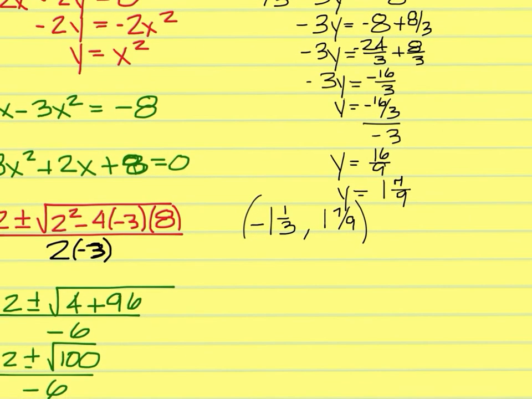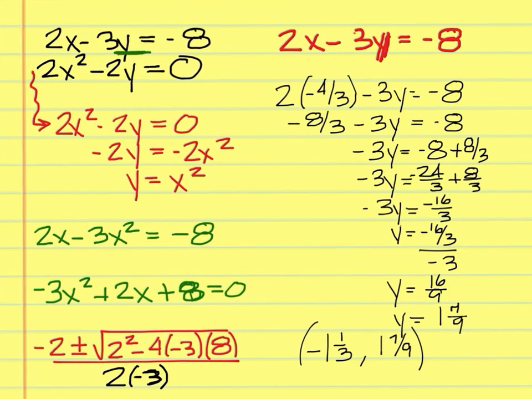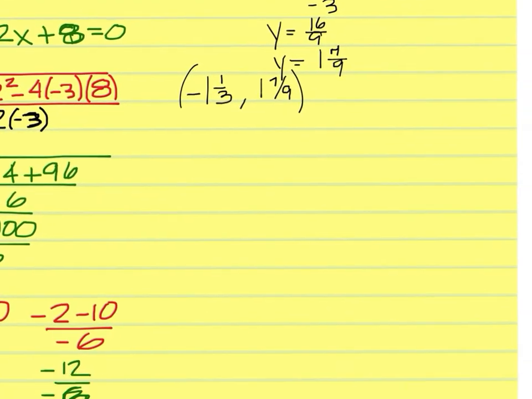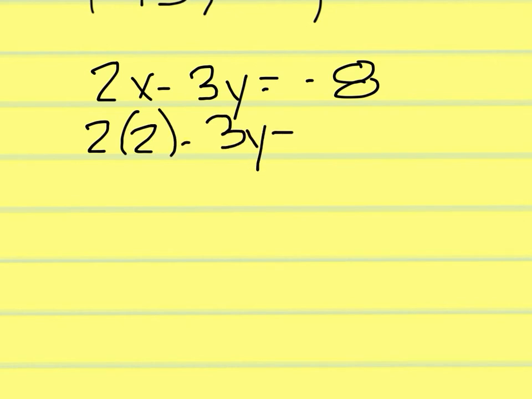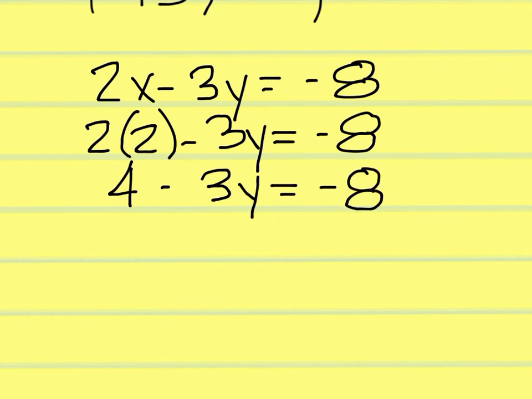Now we have to plug in the positive 2. So remember it was 2x minus 3y equals negative 8, and we're plugging in a positive 2. So that's going to be 4 minus 3y equals a negative 8.